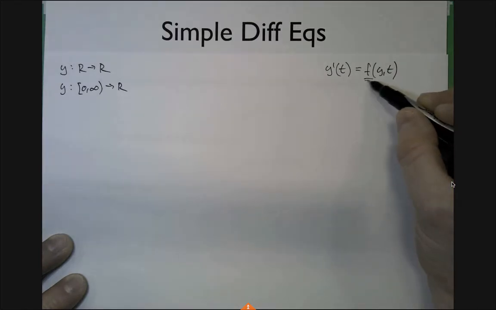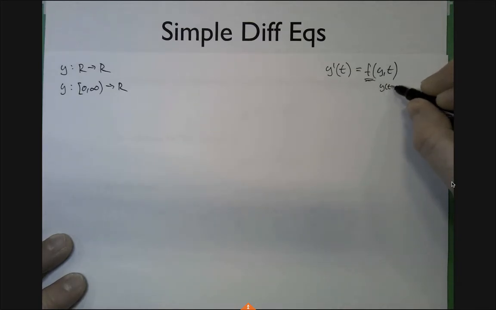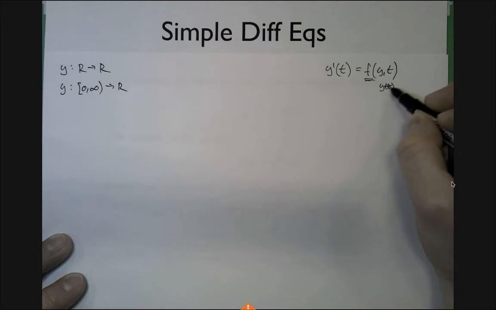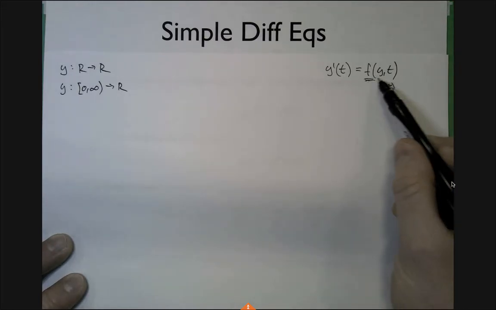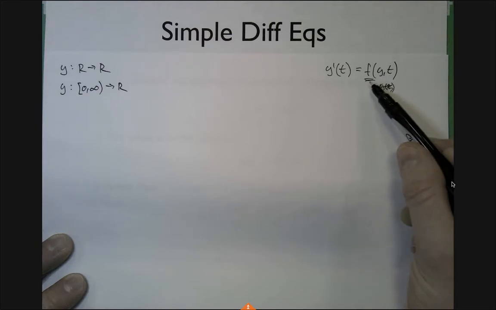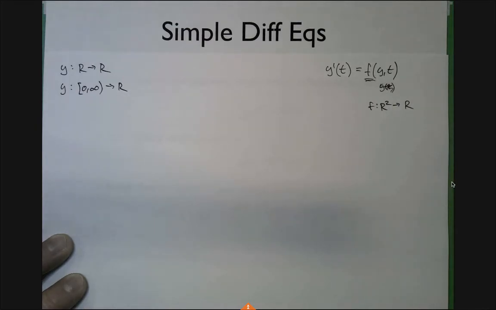And what f means is, for a given y and t, where y is a function of t, but it helps to abstract yourself from t for a moment, it gives you a number, right? So f is nothing but a function from R to R in this case.